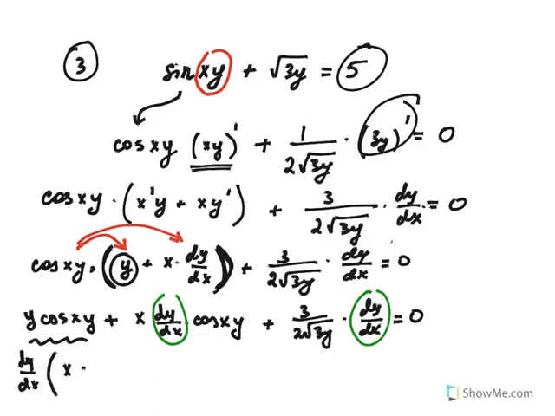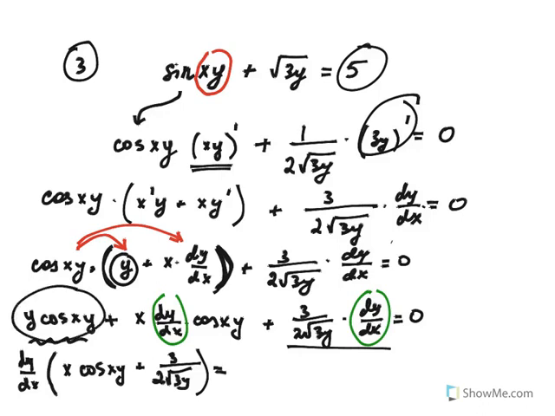So we have x cosine xy plus, here we have 3 over 2 square root of 3y, and then equals, remember this guy, move to the right, becomes negative. We get that. Now all we have to do is just divide both sides by this long expression.